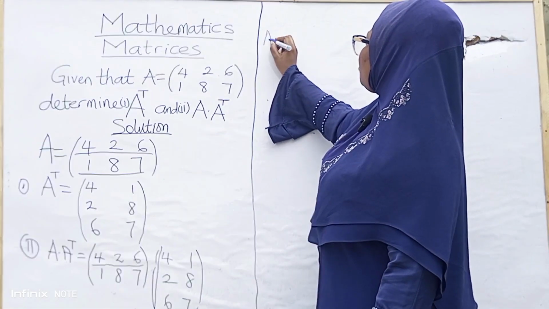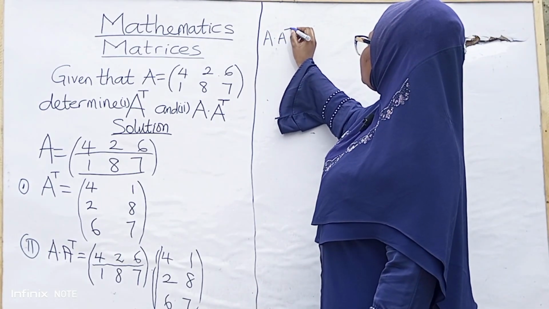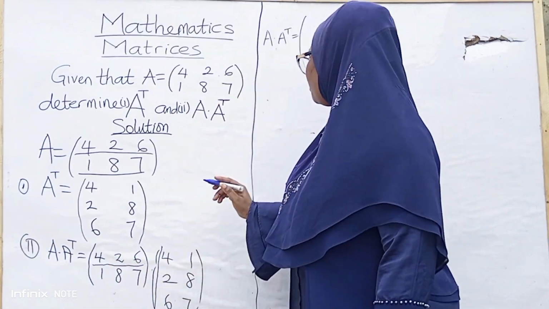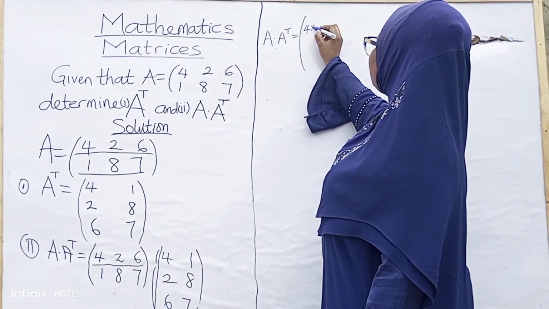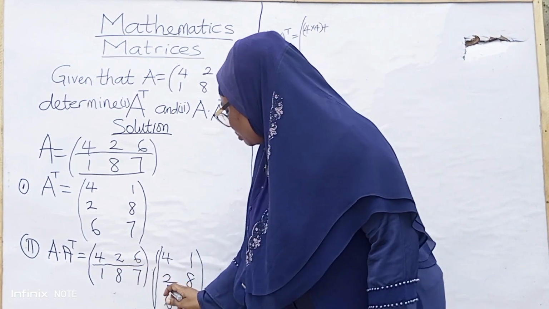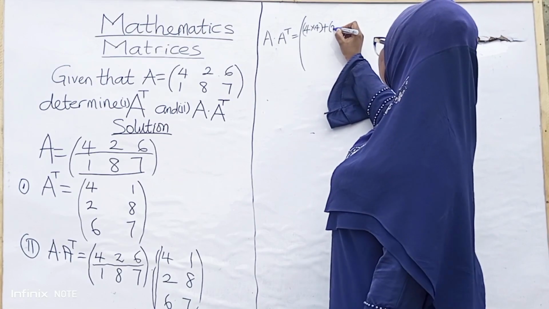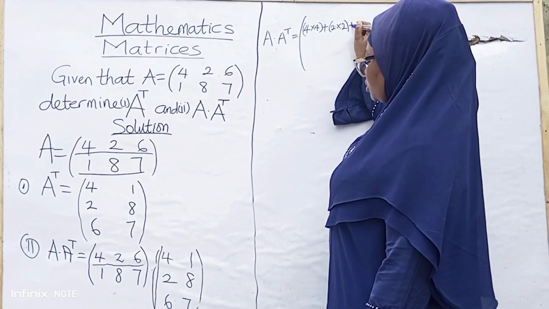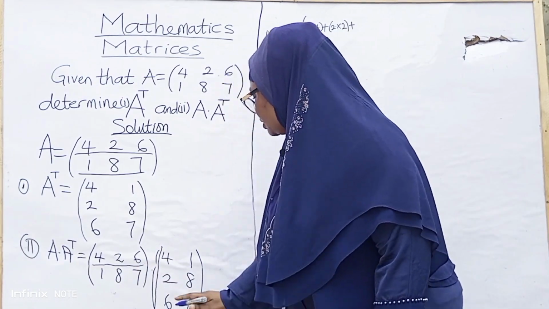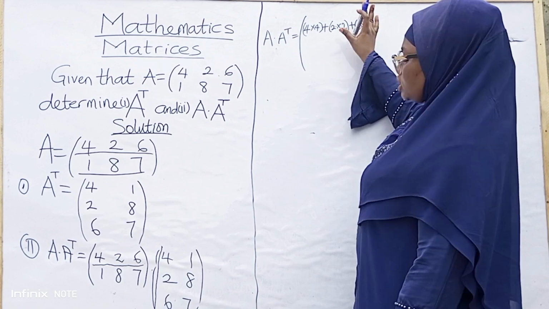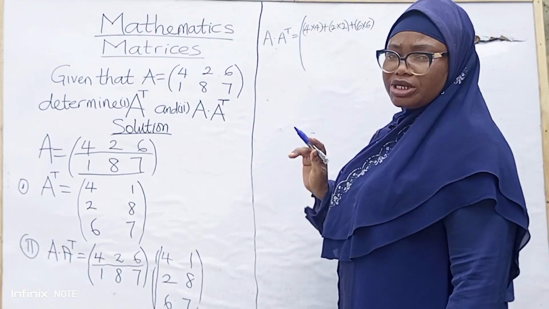So A multiplied by A transpose becomes 4 multiplied by 4, plus 2 multiplied by 2, plus 6 multiplied by 6. So we are done with the first element of this multiplication.